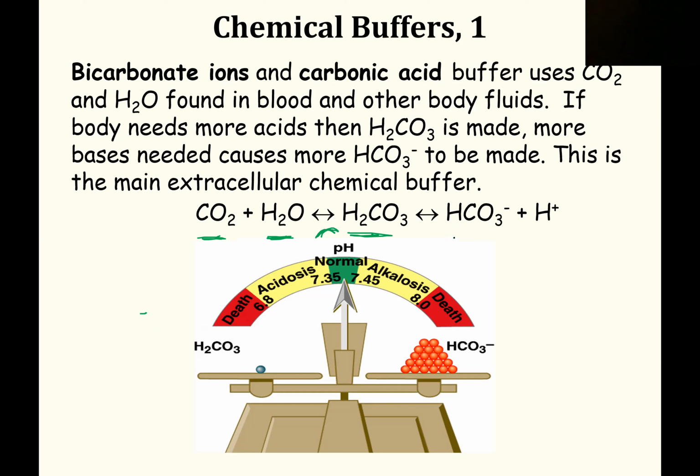Carbonic acid can be dissociated into bicarbonate ions and hydrogen ions. You also need to know the ratio, and that's what we see down here on this balance. There's 1 carbonic acid molecule to 20 bicarbonate ions.